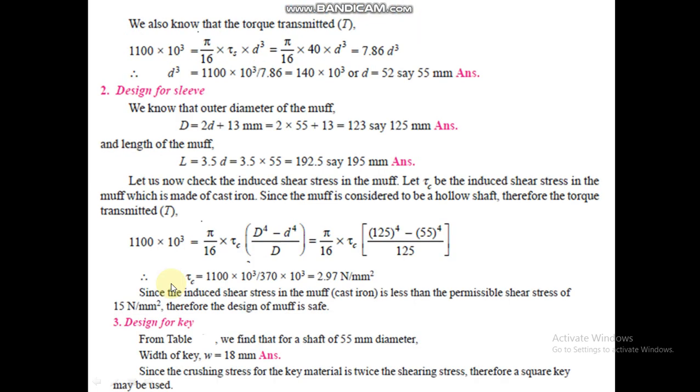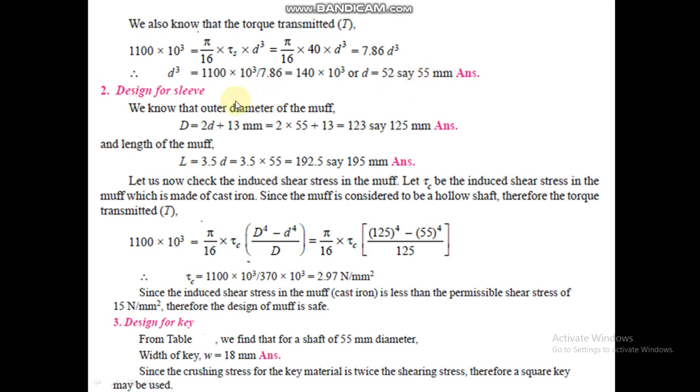This torque can be written as pi by 16 tau d cube, so 1100 into 10 raised to power 3 is equal to pi by 16 tau d cube. Here the value of tau is 40, that is for the steel, or we can say for the shaft, so it is pi by 16 into 40 into d cube. From this expression, you will calculate the diameter of the shaft, and the diameter of the shaft is 52, and we standardize it up to 55 mm.